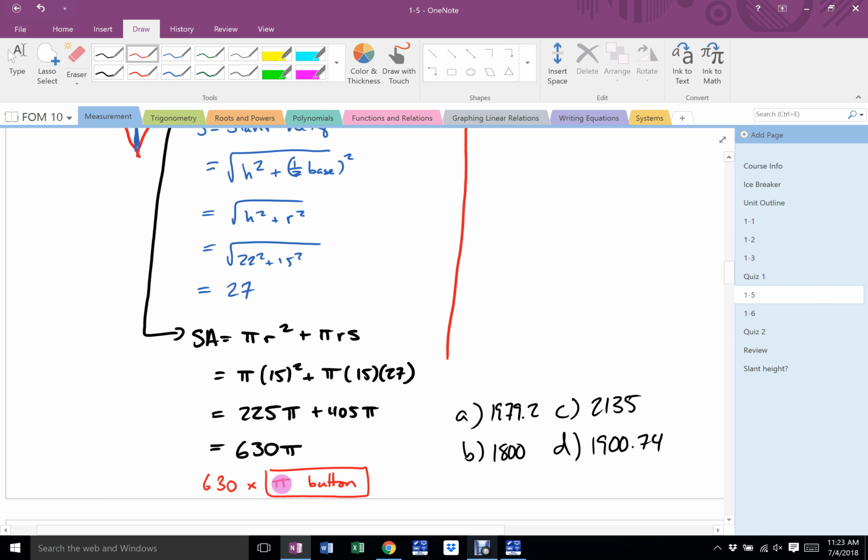You have to push shift or second F or something like that to get to it. But again, I'm not incredibly fussed if you don't find it and you just leave it like this. As a matter of fact, I actually prefer it, because then we get to avoid the how many decimal places do you want question. Everybody cool?